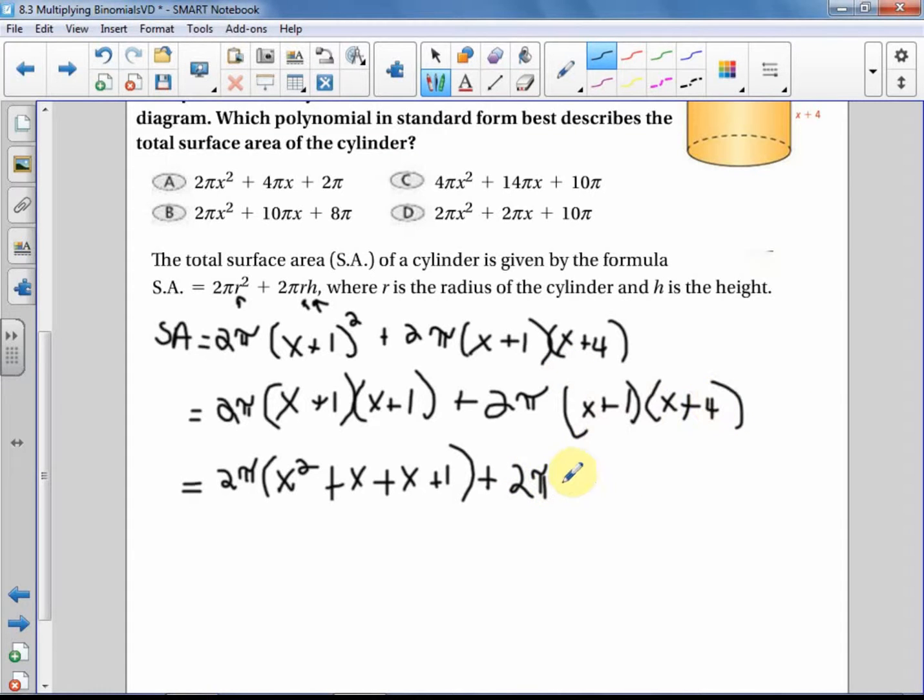And now I'm going to take the product of my binomials using the FOIL method of distribution. So first, x squared, outer, plus 4x, inner, plus x, and last terms, plus 4.